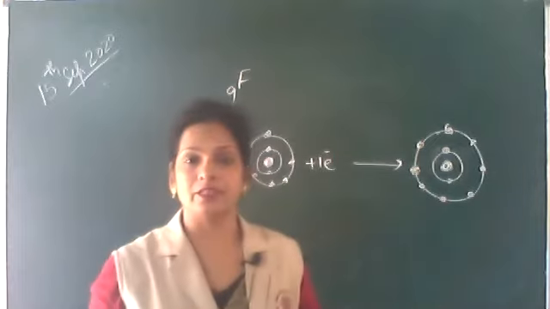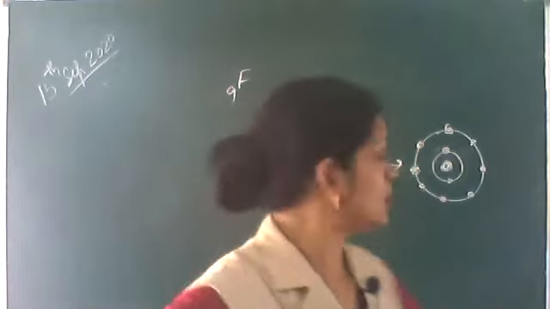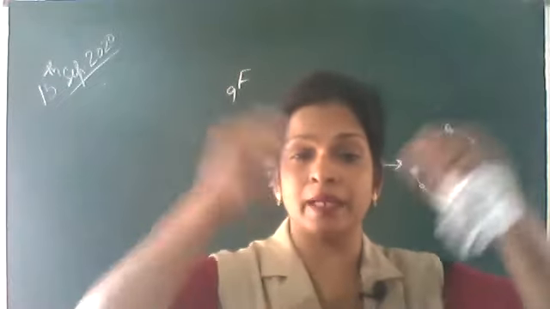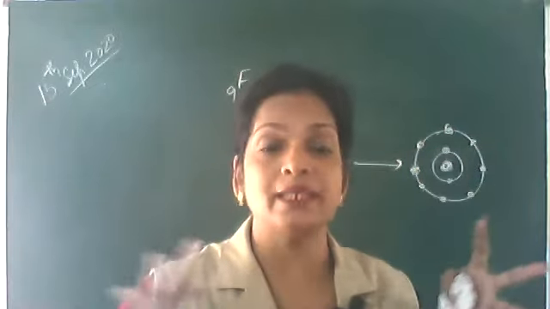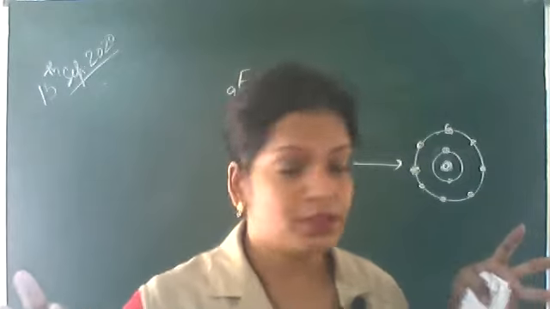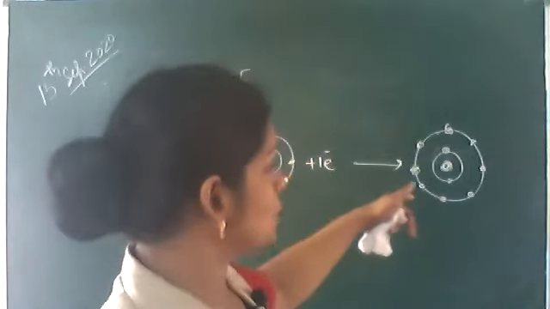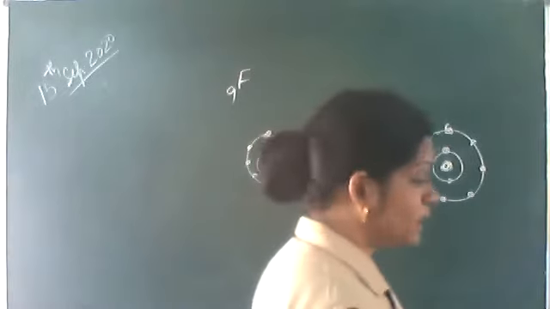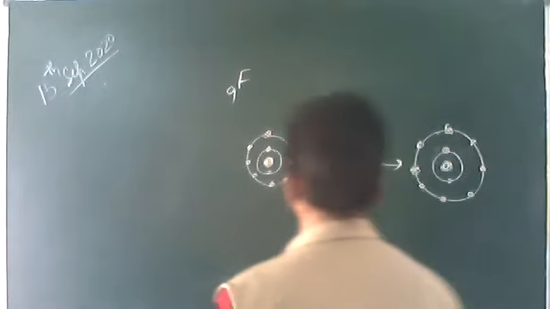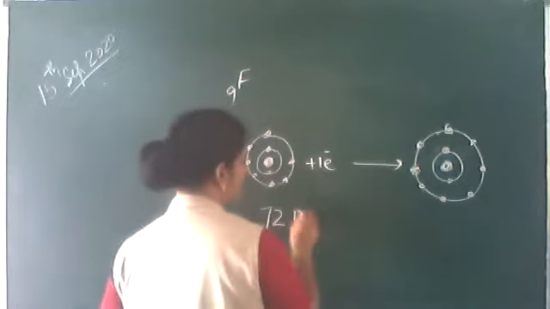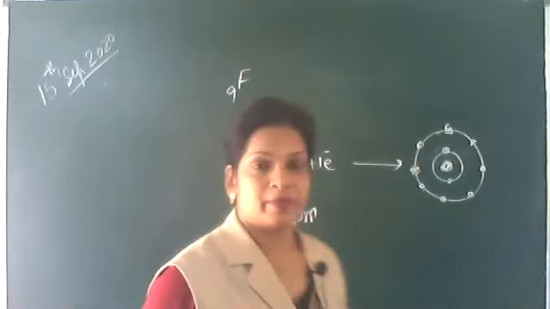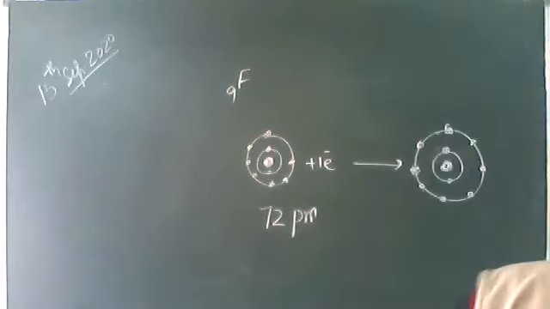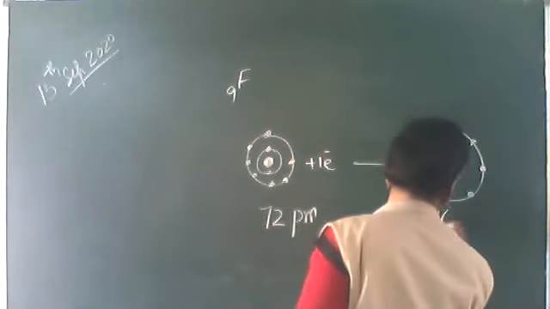More number of electrons means there will be electron repulsion. So the size will be increasing due to the increased electronic repulsion. Here in this case it is only 72 picometer, but after the addition of one electron, this is 136 picometer.